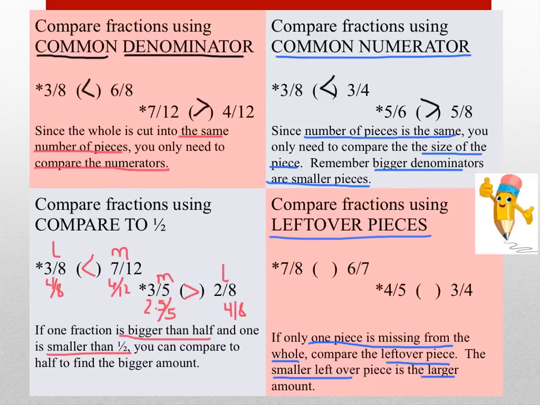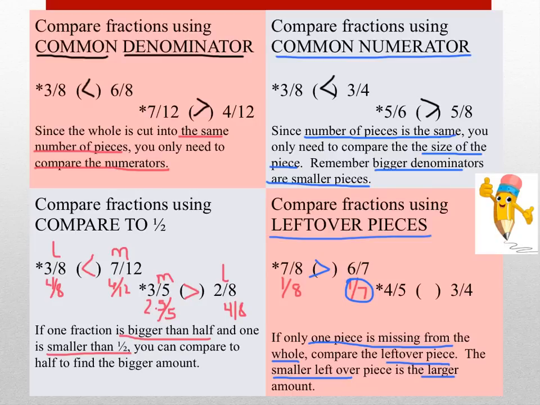In 7/8, there's only 1/8 left over. In 6/7, there's only 1/7 left over. 1/7 is a larger slice than 1/8. That makes this leftover piece bigger. So, since this leftover piece would be bigger, this is the bigger fraction.